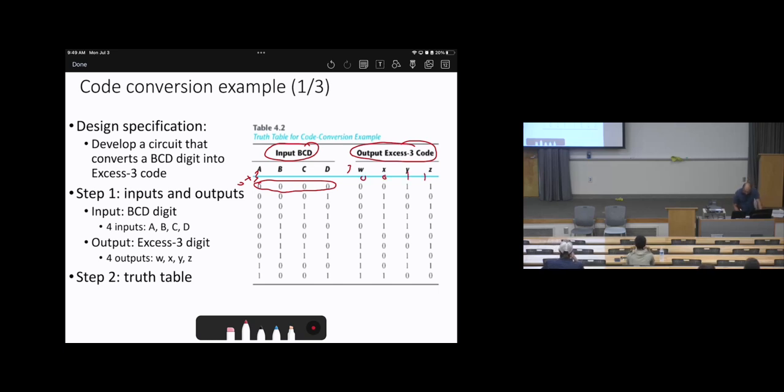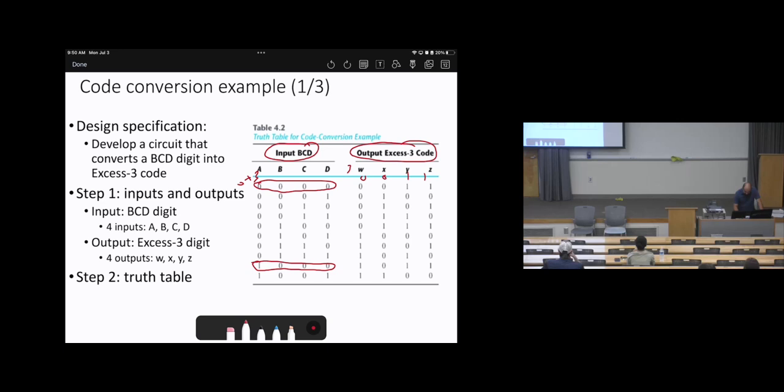For example, let's choose the number 8, plus 3, which is 11. So XS3 means add 3 to any digit. Put in any value, and the output will be plus 3. That's what XS3 means.